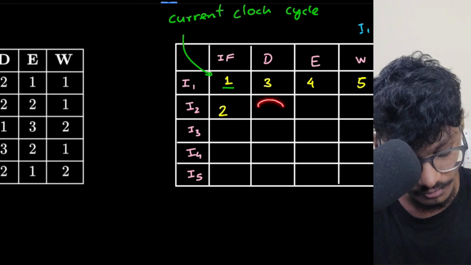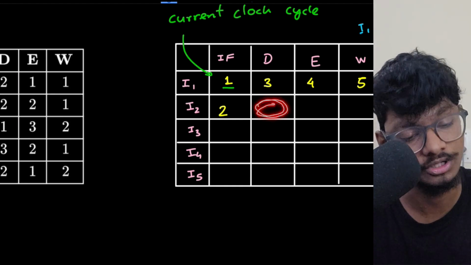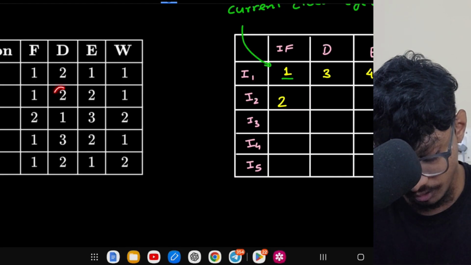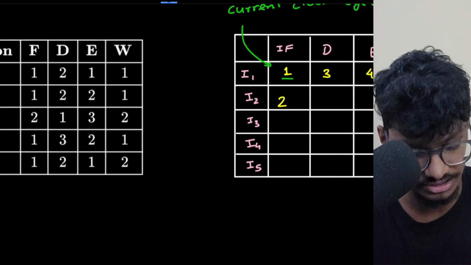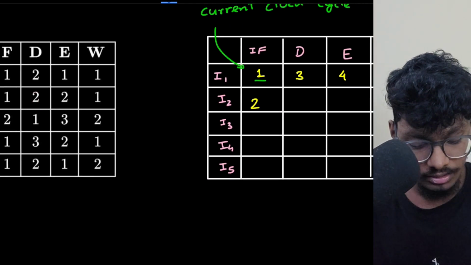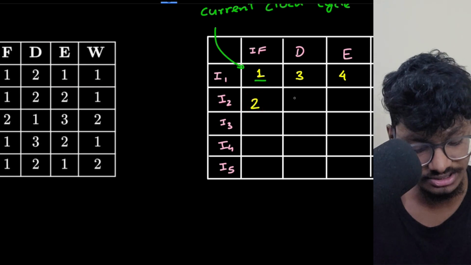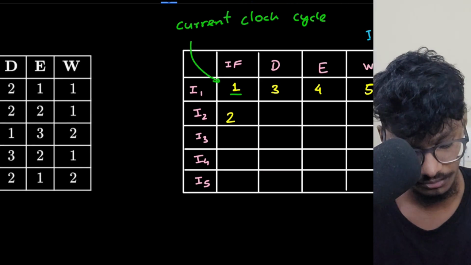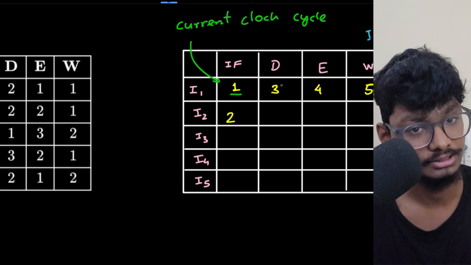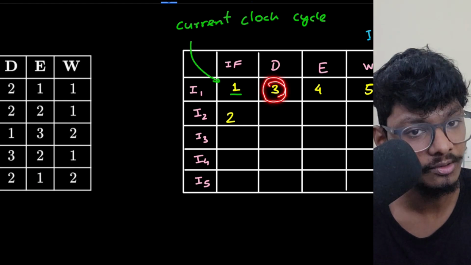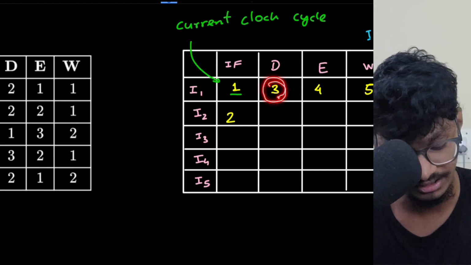Here, how many clock cycles will I require to decode instruction I2? They have told me it will require 2 clock cycles to decode the instruction I2. Now, this represents the current clock cycle number. It is telling me that the decode of instruction I1 will finish after 3 clock cycles.